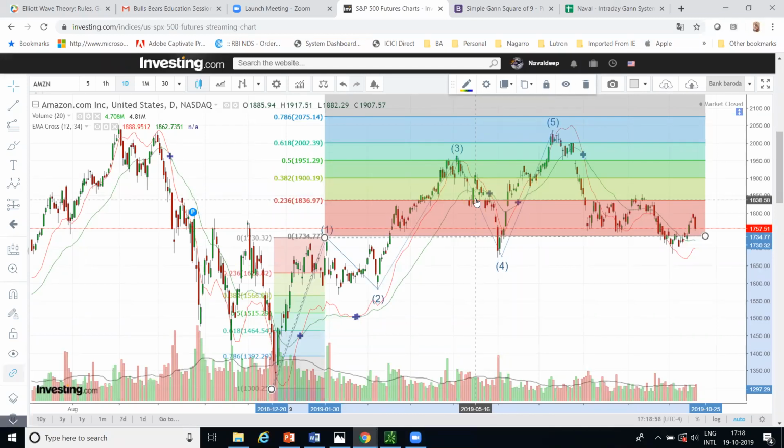Naval, I had a quick question though. A similar system, have you tried out Ichimoku Cloud and what are your thoughts on it for reliable trading? Can you come again? I couldn't understand you. Oh, sorry. Can you hear me now? Yes. Awesome. Have you had a chance to try out Ichimoku Cloud for intraday trading? I have tried it, but I do not want to go on multiple things.